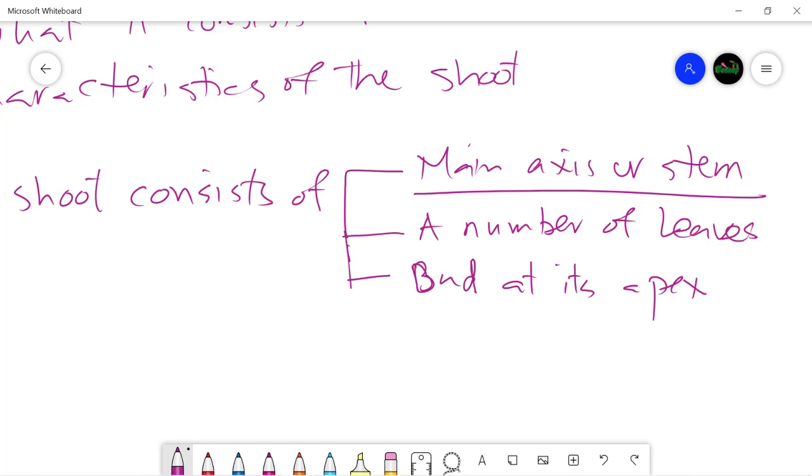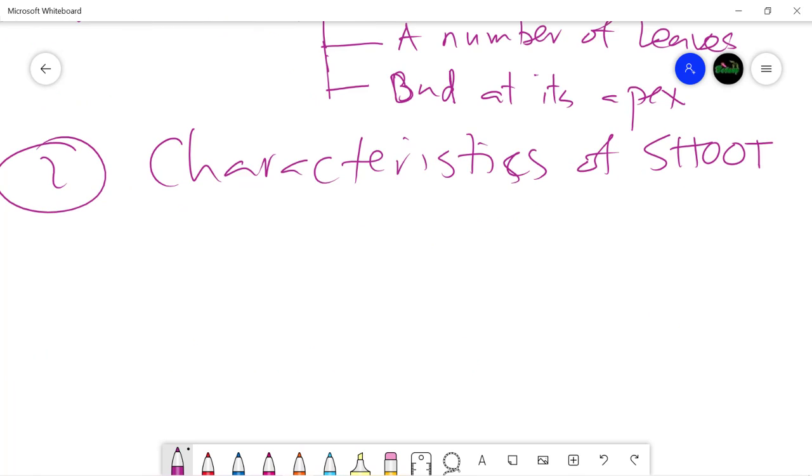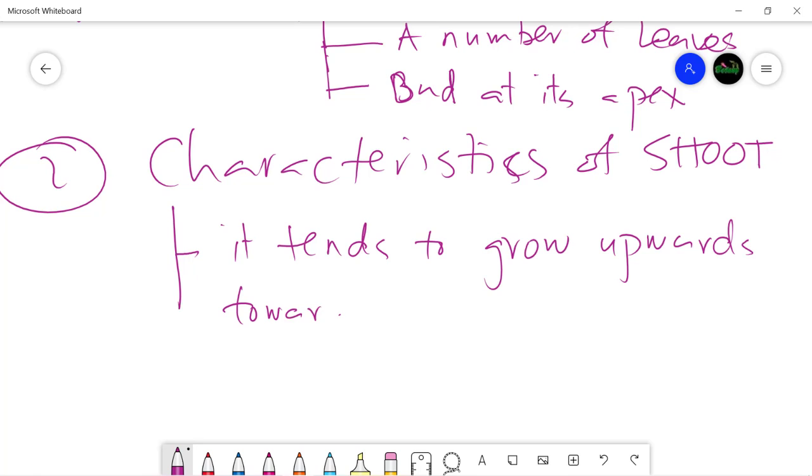And next we have the characteristics of shoot. So the characteristics are that it tends to grow upwards towards light.